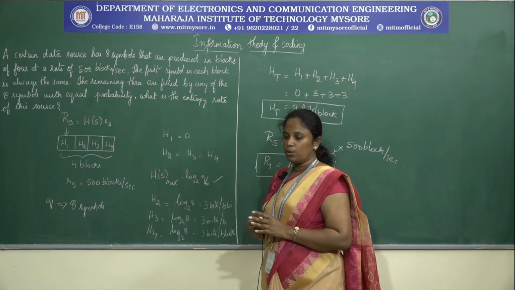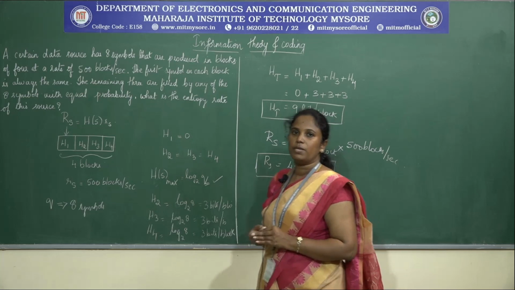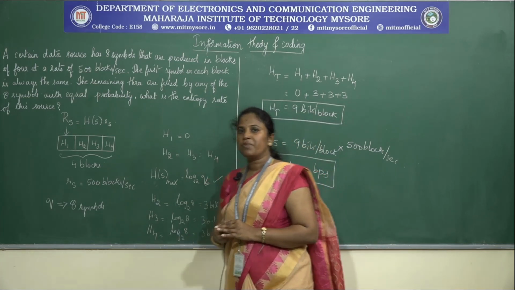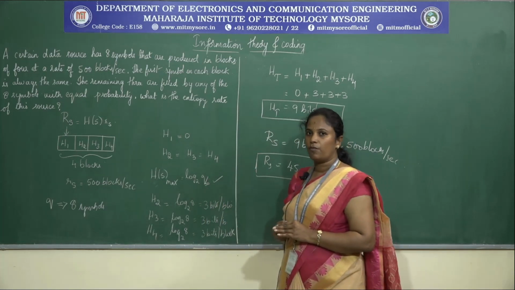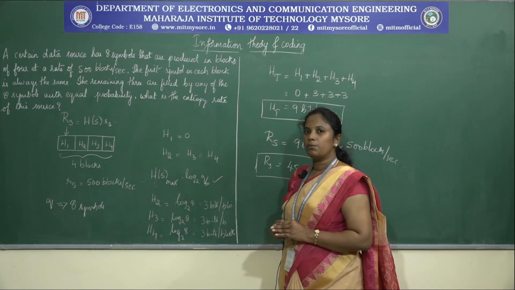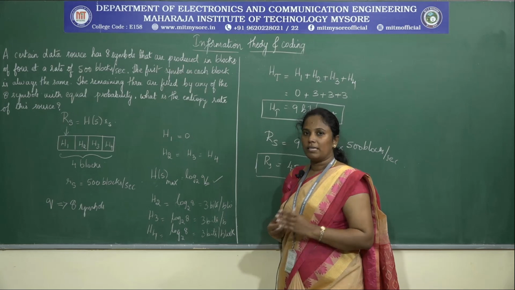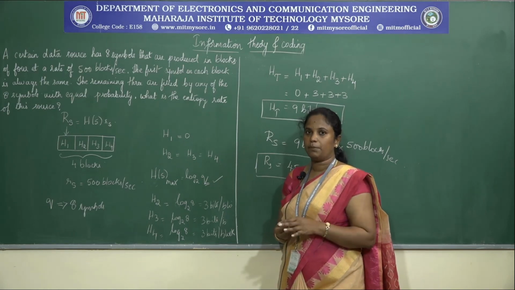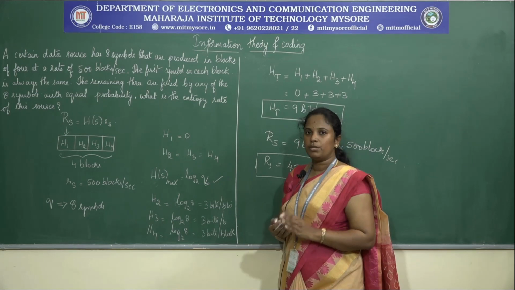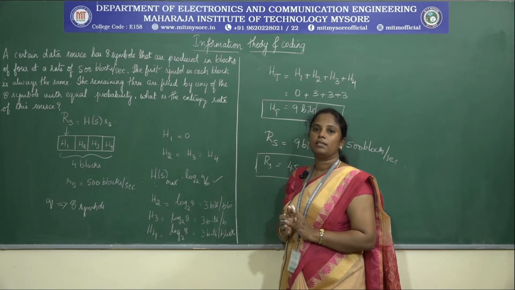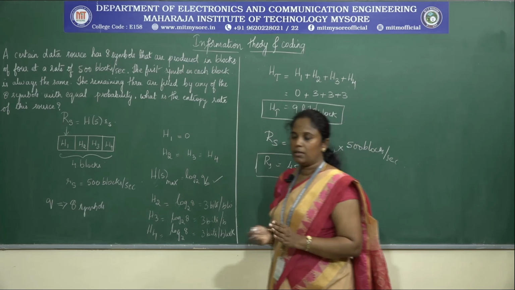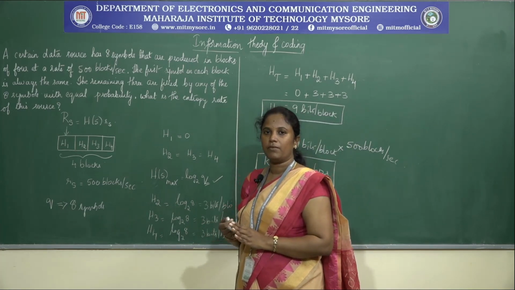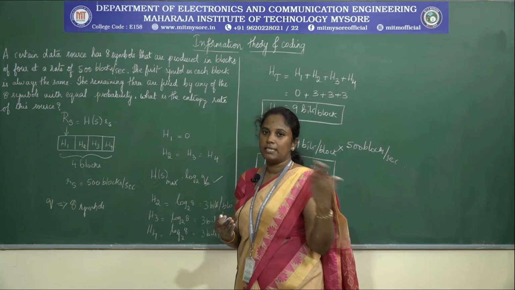Now, in order to find the average information rate for dependent sequences, we are going to use the Markov model, also called a random process or a stochastic process, where we use states. We use the present state to predict the future state, but we do not depend upon the succeeding symbol.